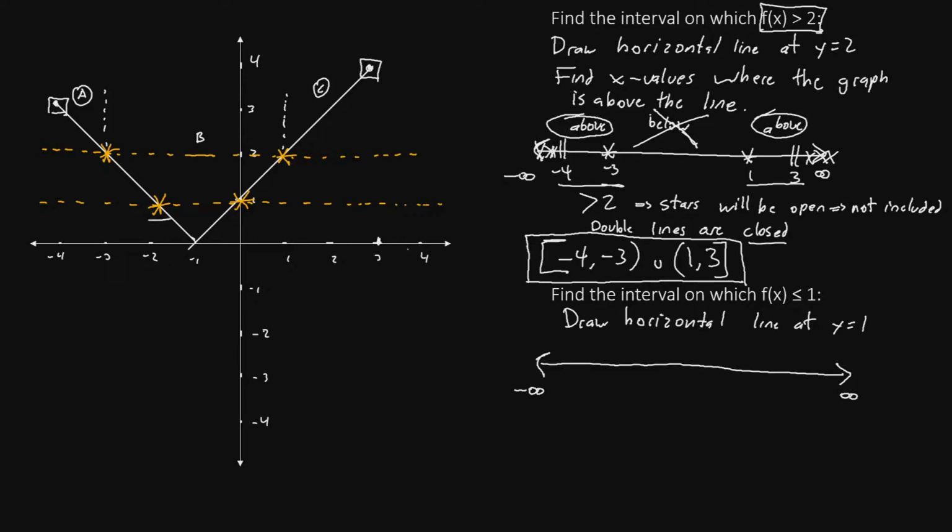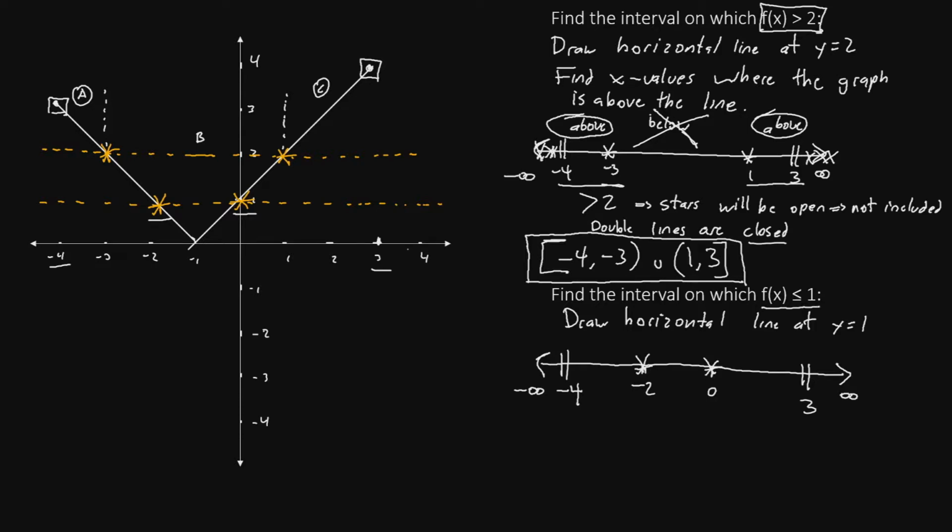We have a star here at -2, and another at 0. We place our double lines where the function begins and ends. Once again, the function begins at -4 and ends at 3. Now we look to the inequality.